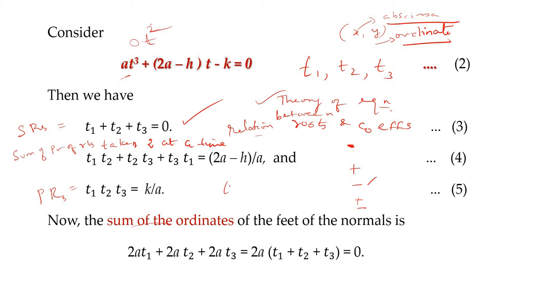When we consider t1, the point is at1 square, 2at1, and similarly for t2 and t3. So the sum of the ordinates means 2at1 plus 2at2 plus 2at3. So 2a can be taken out, t1 plus t2 plus t3 you have, but that is 0, so you get 0.